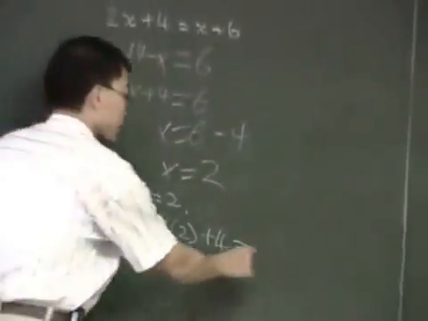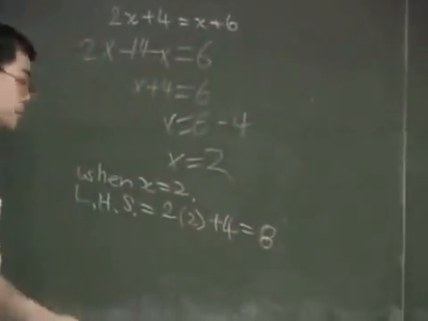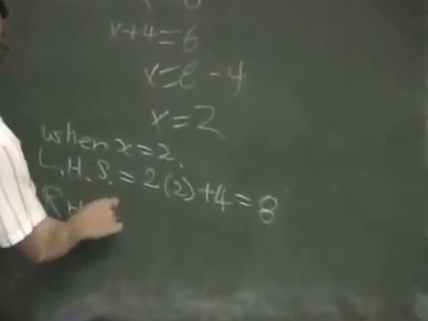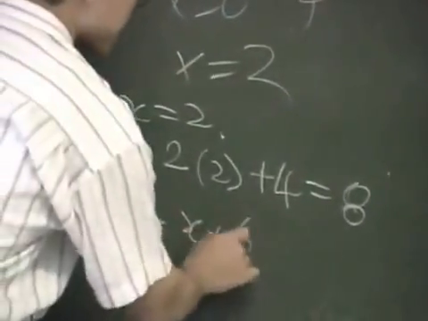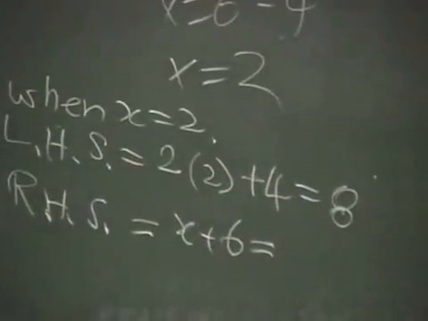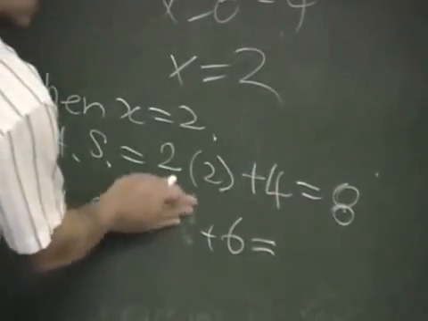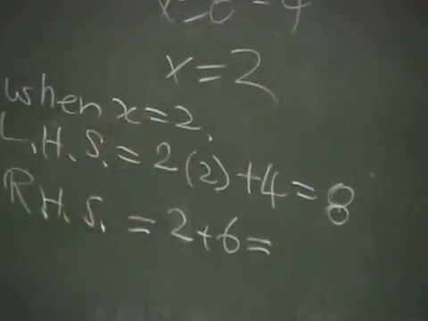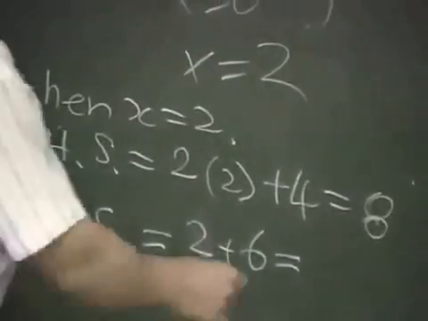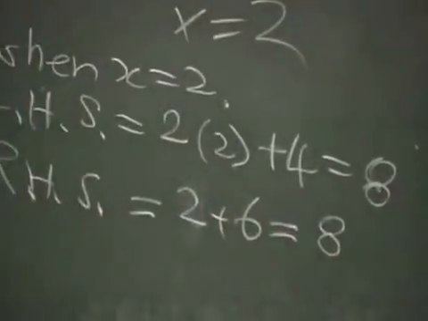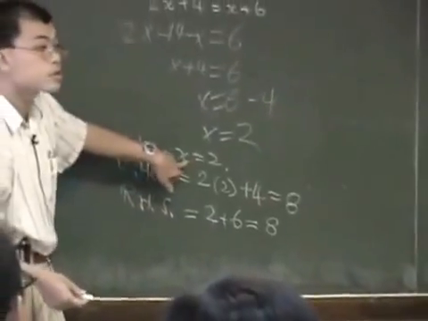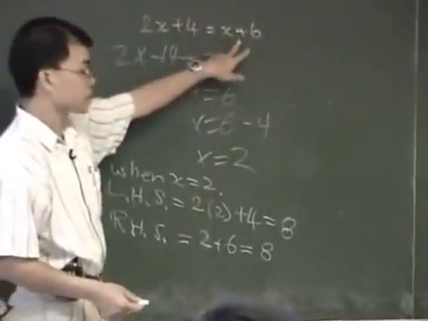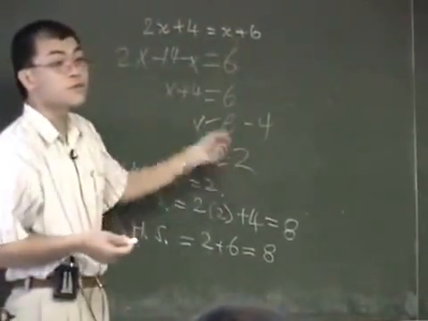And for the right hand side, it is x plus 6. We find that x equals 2, therefore it is x again. Are they the same? Yes. Okay. X equals 2, then left hand side equals right hand side. That is the solution for equation 1.